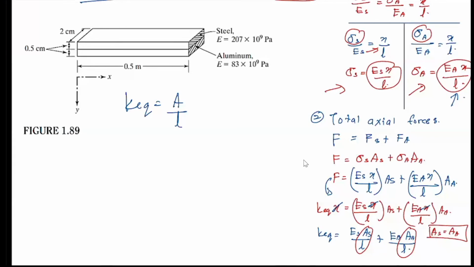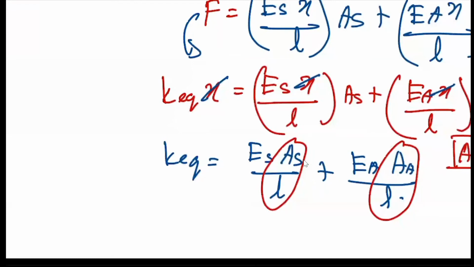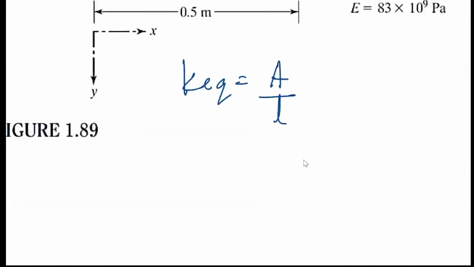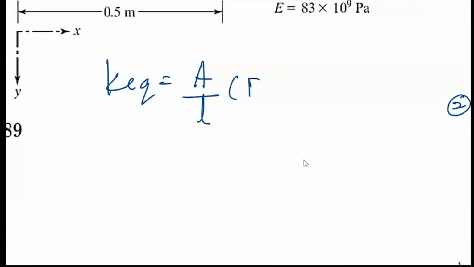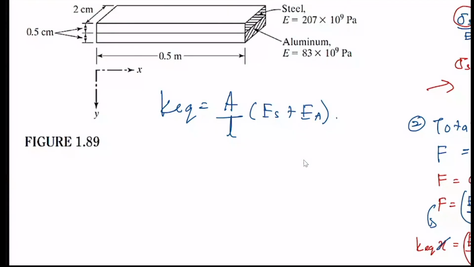And then once you factorize that, you'll be left with what? ES plus EA, once you factorize A over L. Sorry, Young's modulus for steel plus the Young's modulus for aluminium. All right. So now if you want to find the value for the spring constant, we already have all the values.